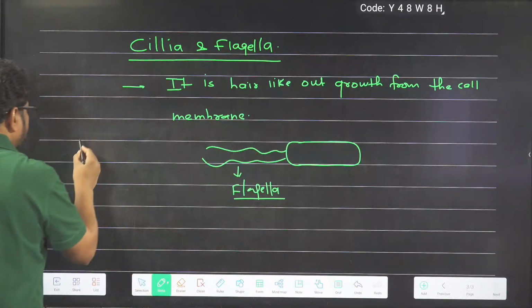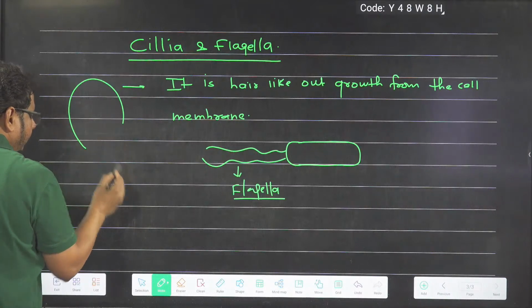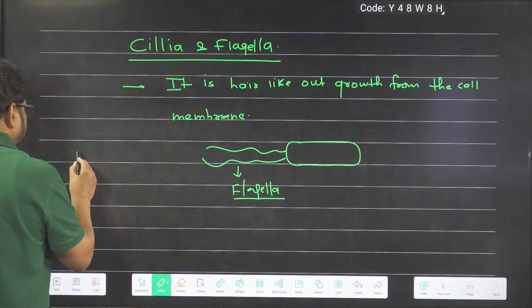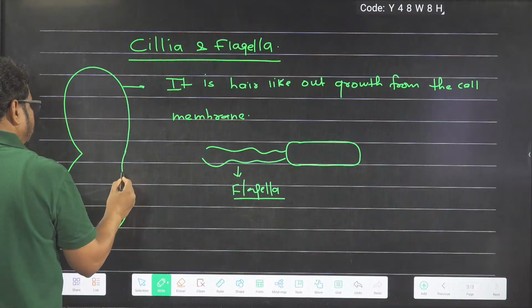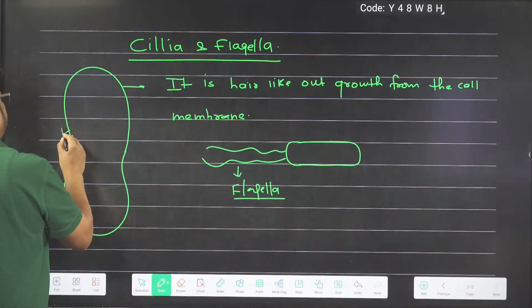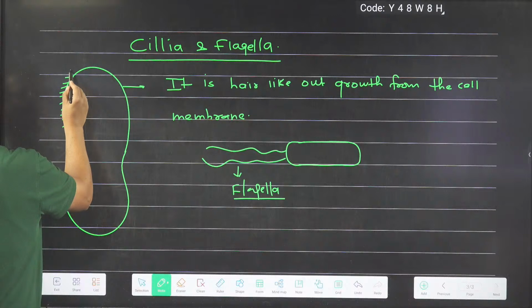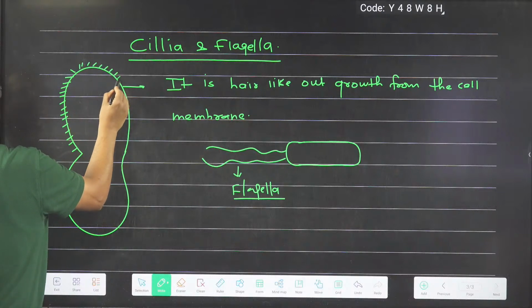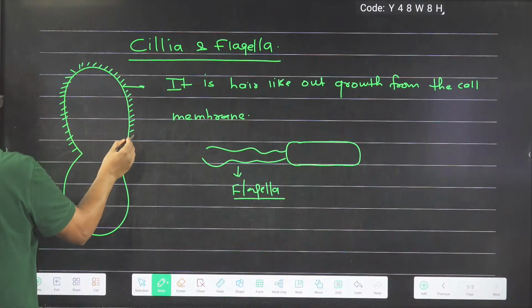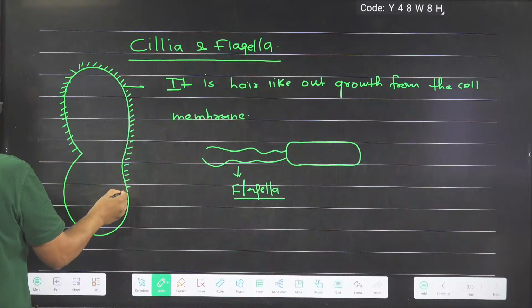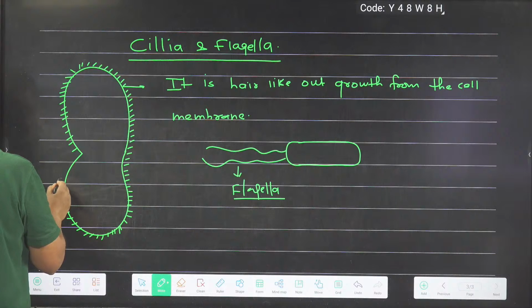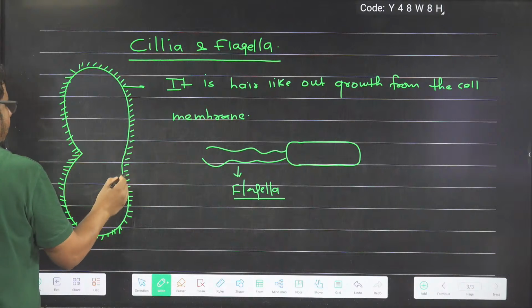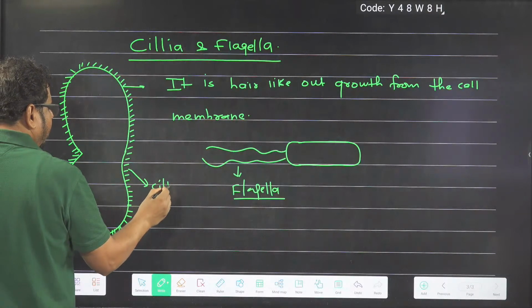In some organisms you find something like this. Suppose it is a slipper animalcule, paramecium. All over the body surface you are finding such a structure, hair-like outgrowth. It is basically cilia.